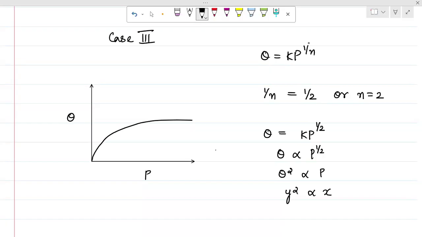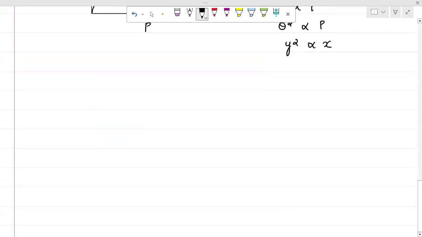Now another scenario is where you take the log on both sides. Again, it is corresponding to the graphical representations only. Theta is equal to kp to the power 1 by n. Let's say that I take log on both the left and right side of the equation.